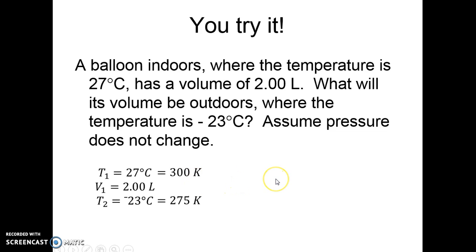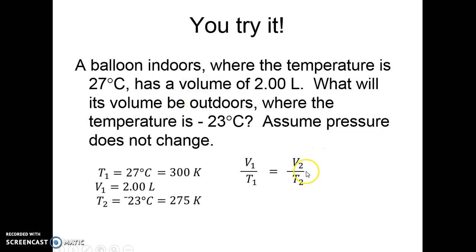Okay, now what we do is we write the equation that applies. What is held constant? Pressure. So I can rewrite it like this. Now I'm rearranging the equation. Now I solve for my V2. Let's go back.